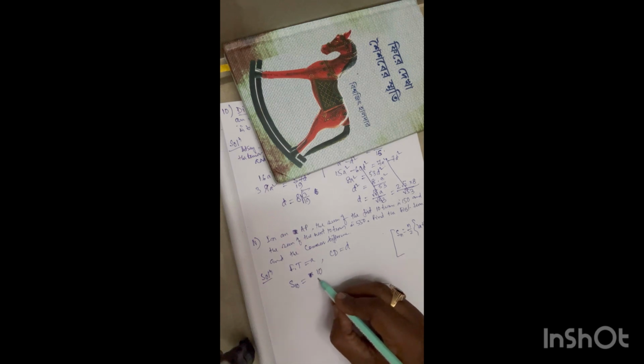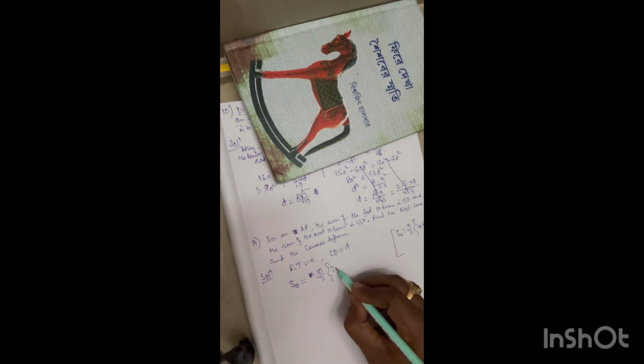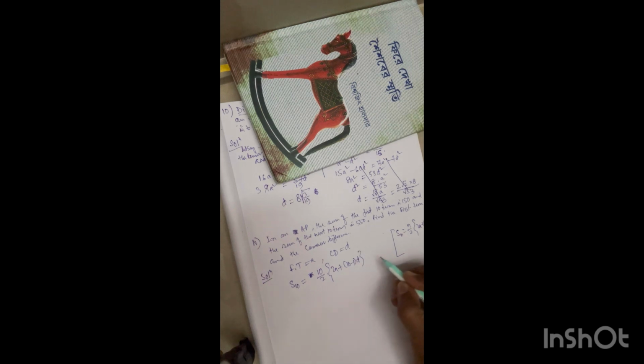Now as it is the first 10 terms, this is 10 by 2 into 2A plus 10 minus 1 into D. Simplifying it further, 5 into 2A plus 9D. So this is the sum of 10 terms.